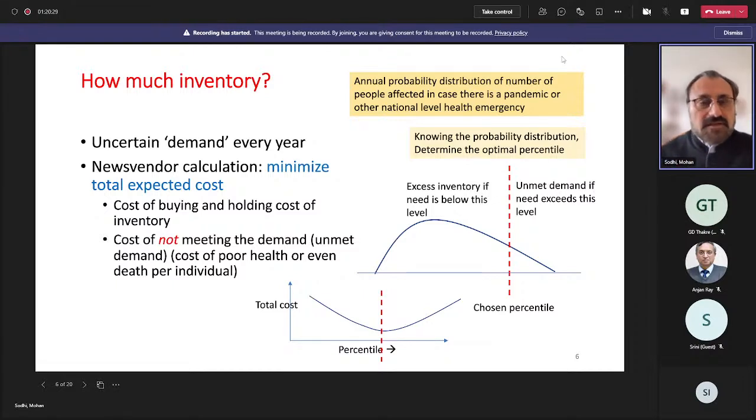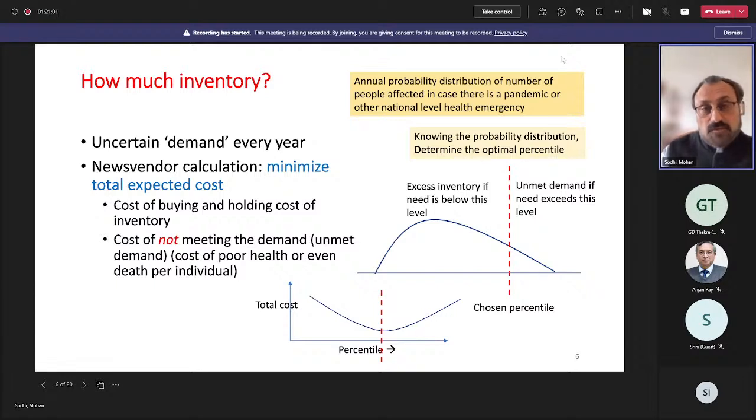For example, if you were a company and you wanted to meet customer demand, depending on the industry, for many industries it might be a 95% level of demand that you can service within the time you are given. Some other industries might go for 98% or 99%. That's called service level. It's the same idea, except we are looking at national level public health emergencies.